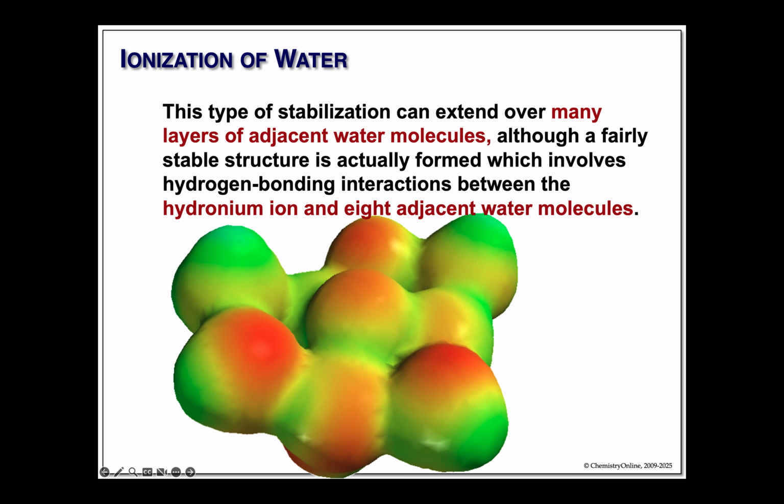The hydronium in the middle now has a nice red cap on it, and the blue, well, you can barely see any blue at all. Totally effective at dispersing this charge. Amazing. Any questions?